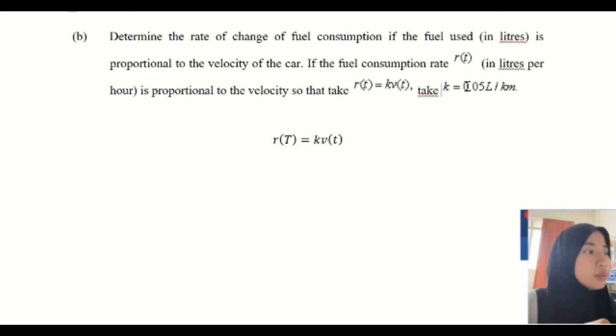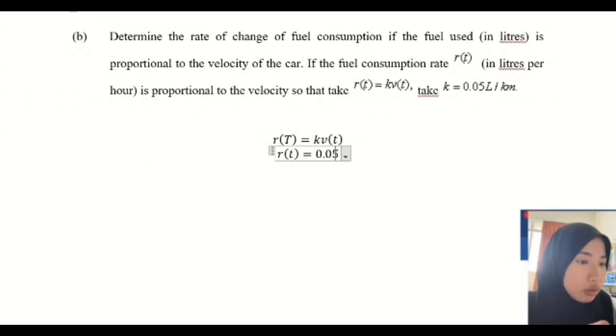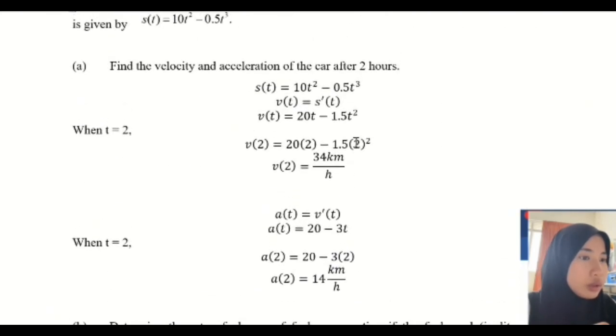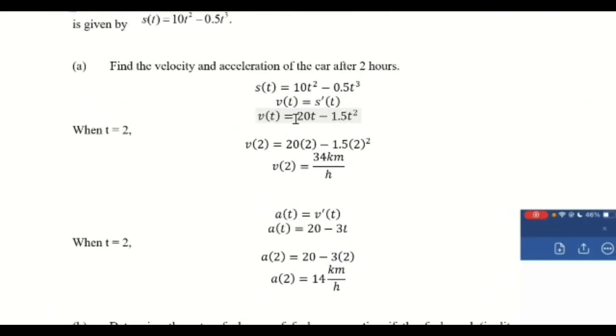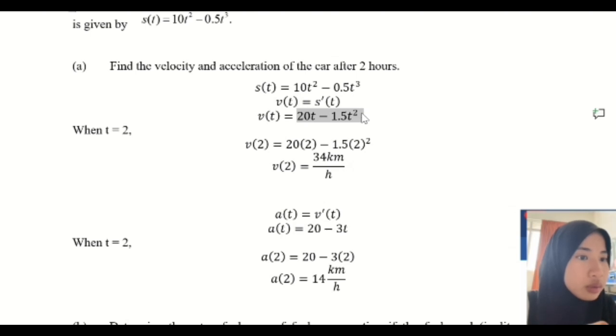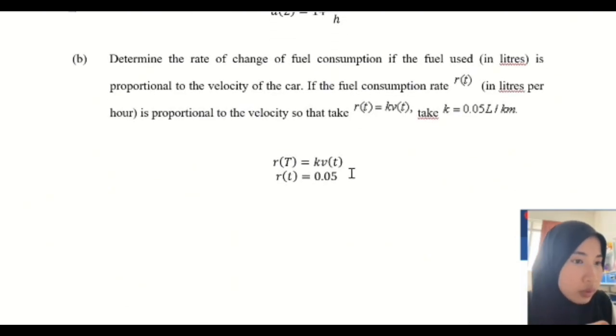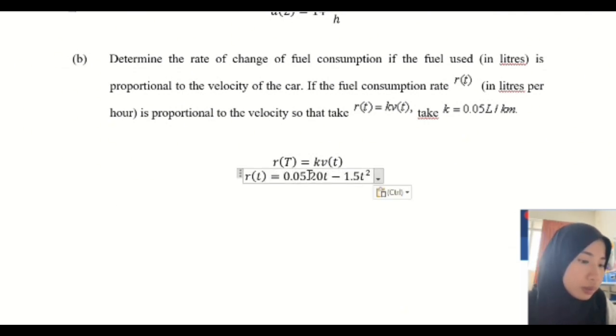So we just need to replace the value of k, which is 0.05, and V(t), which is 20t minus 1.5t squared.